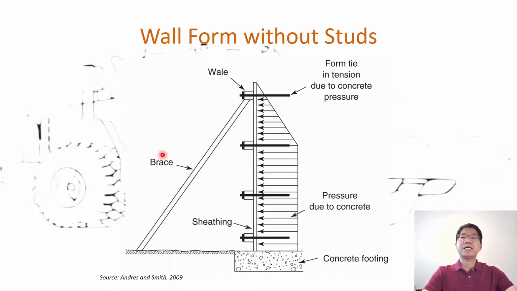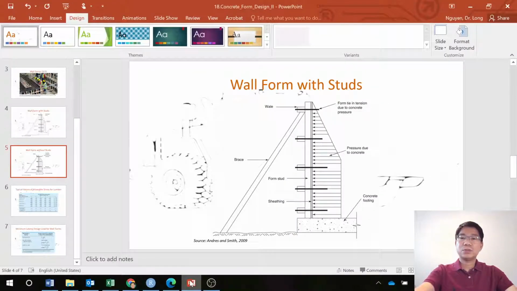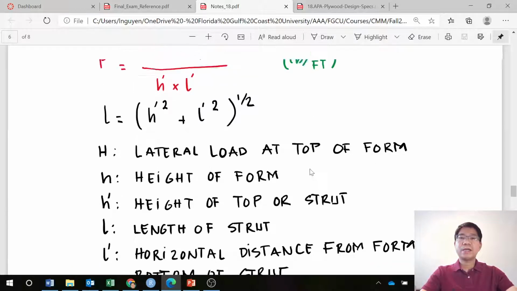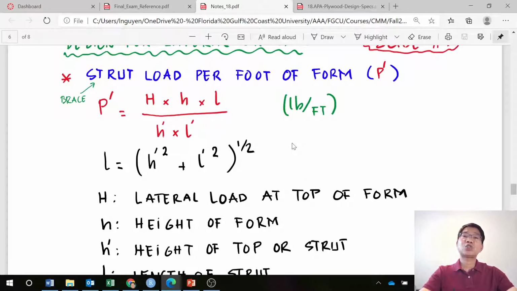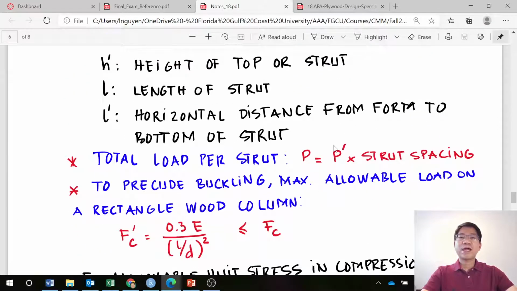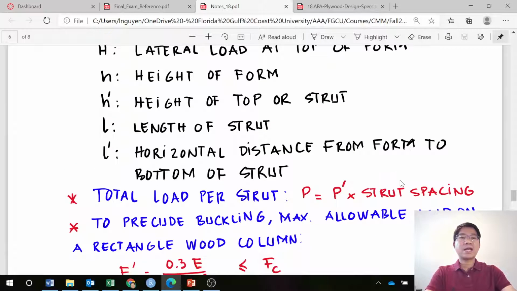With the braces or struts, we can go back to the node and determine the strut load per foot of the form, in pounds per foot. Then from that, we can determine the total load per strut, per linear foot of the form, using P' determined in the previous equation, and then we can apply the strut spacing.